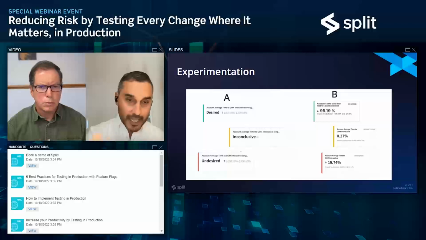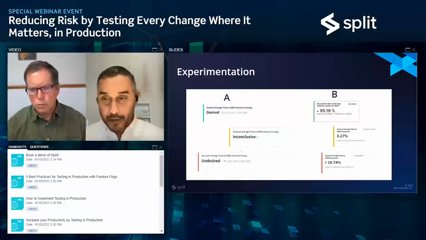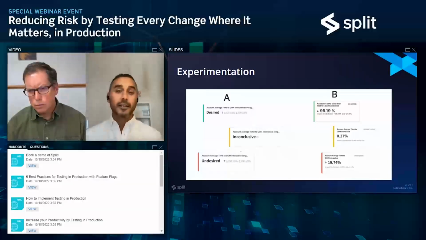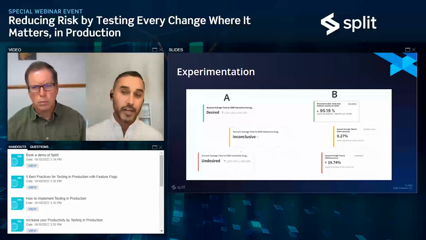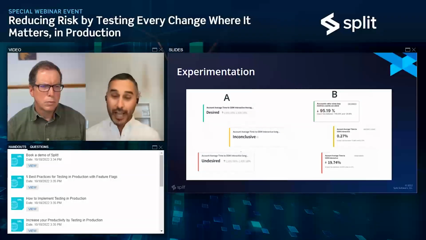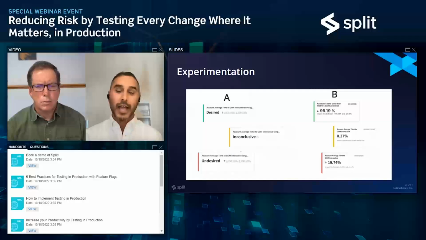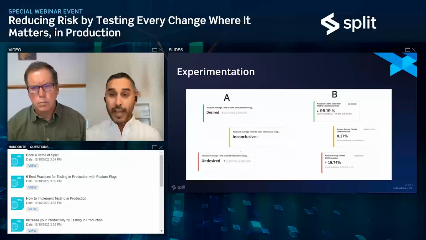So the next thing here is an example of that. We were running an experiment internally within Split. Nobody's seen this yet, right? So you're the first to see this. We're trying to look at our metrics cards, which you saw on the previous screen, and we're trying to see whether we can actually have an impact on user engagement with metrics cards, and whether they actually interact with them more, or they can get the value of the cards immediately by seeing them by changing the style.